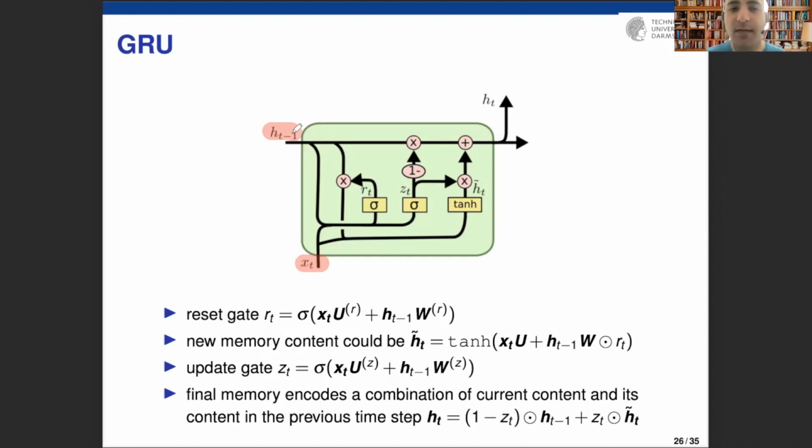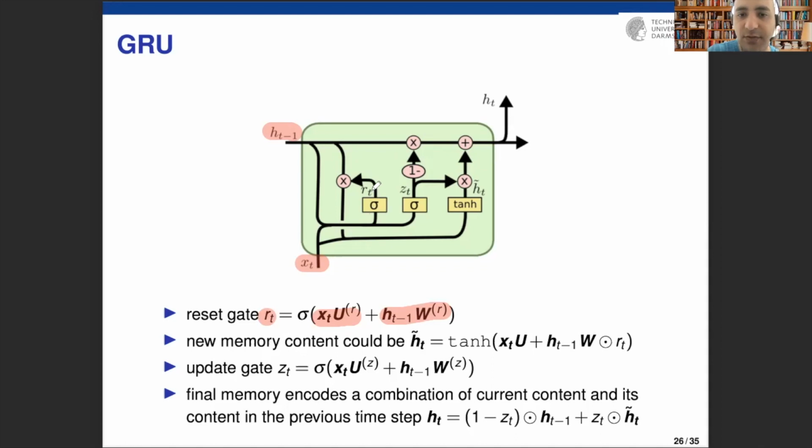So the value of the reset gate here is the sigmoid of the linear transformation of the input vector plus the linear transformation of the hidden state.